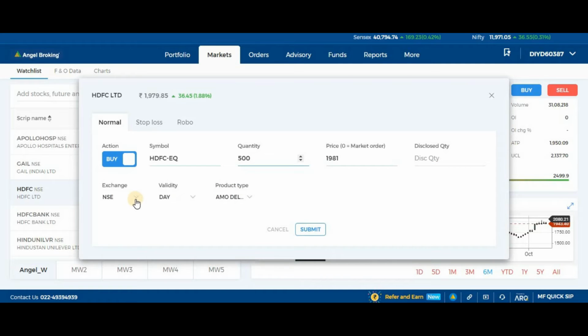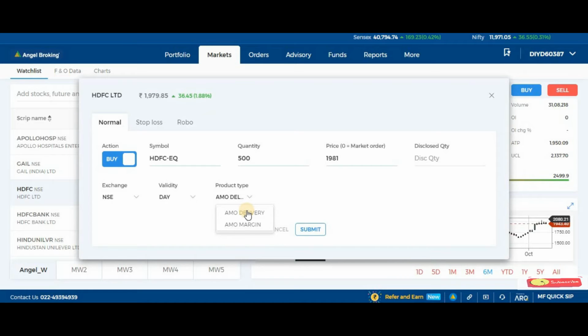You don't have to change this. Validity is day. Right now it's 11 o'clock and the market is closed, and that's why it is written AMO, after market order, delivery. So we can buy it, but I won't be buying it, because it is automatically set. At the time you will see delivery and intraday.